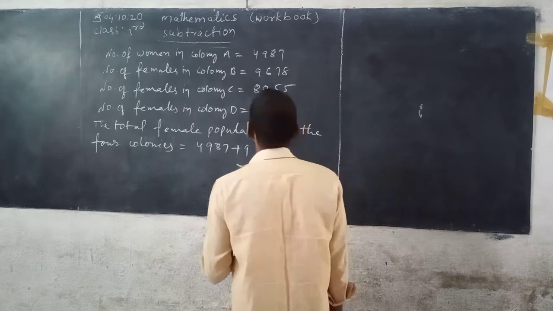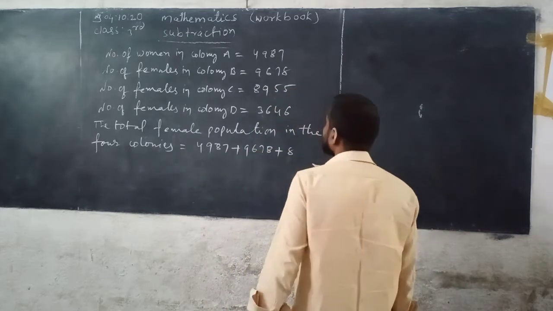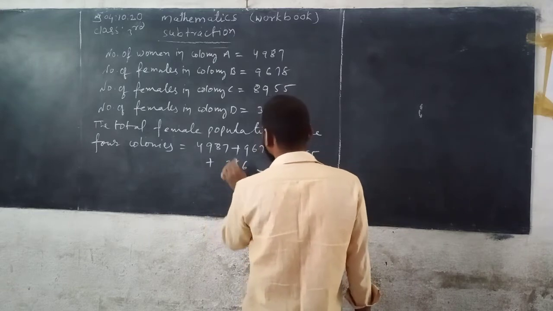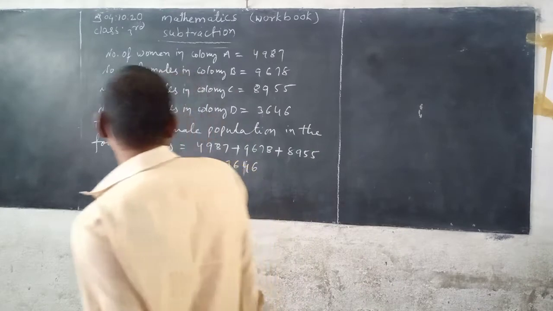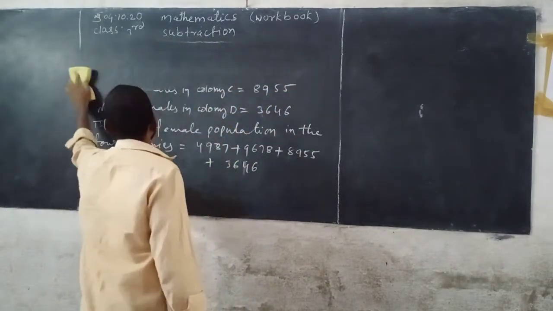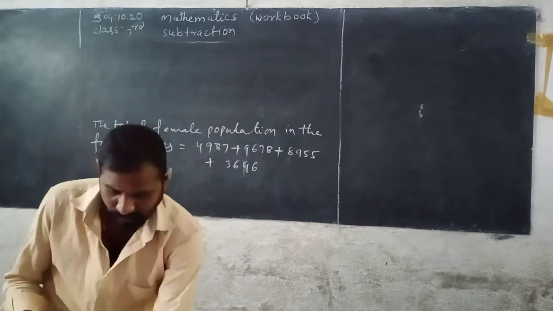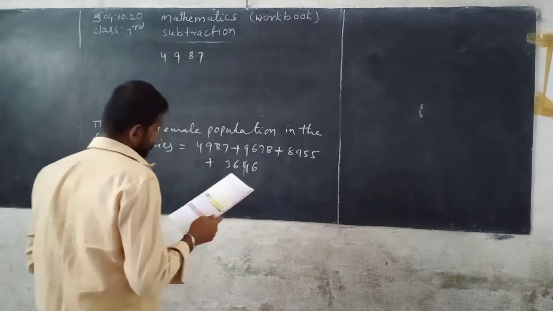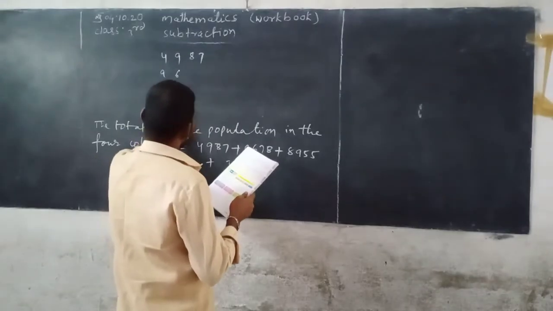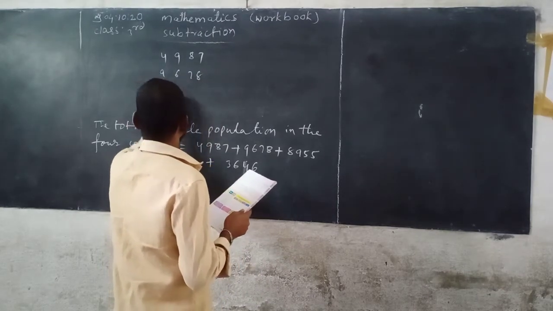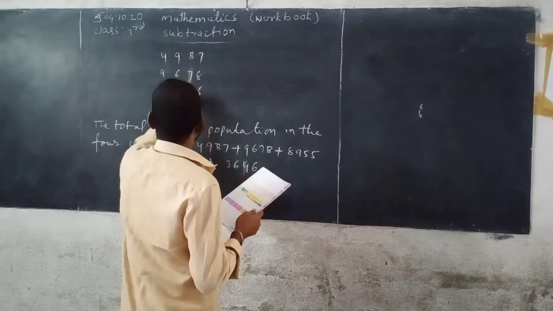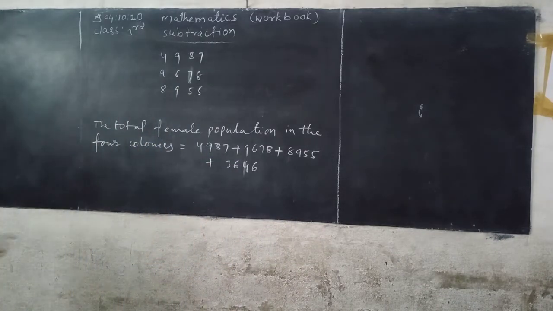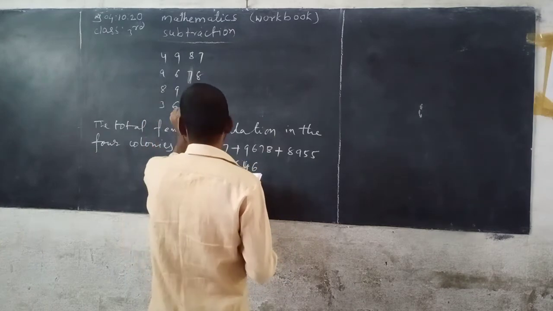4,987 plus 9,678 plus 8,955 plus 3,646. Then add it. See, write the given numbers column wise according to their places. See here, 4,987, 9,678, 8,955, 3,646.